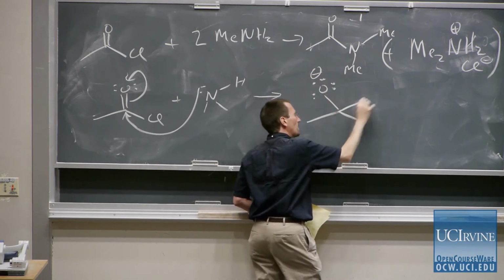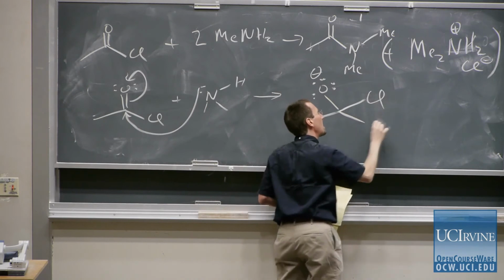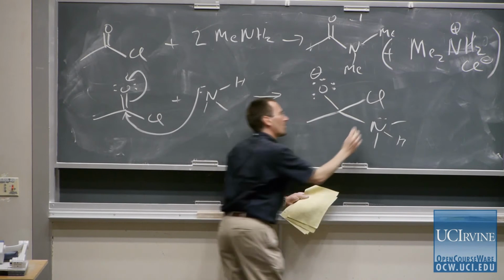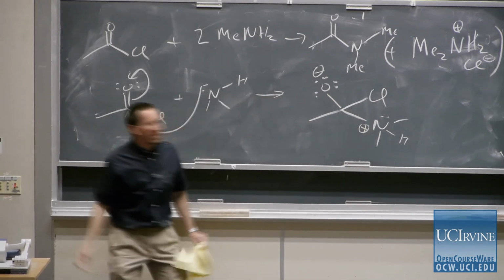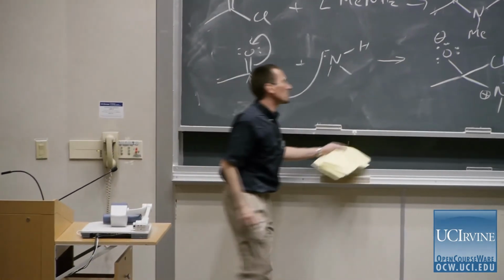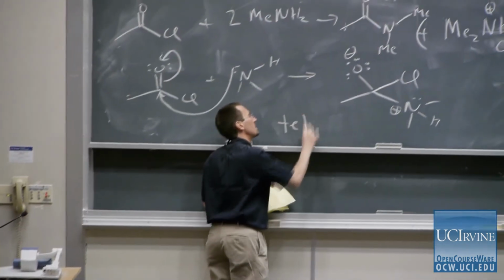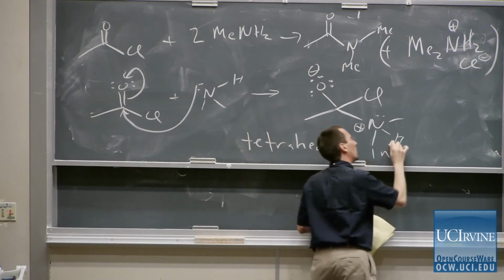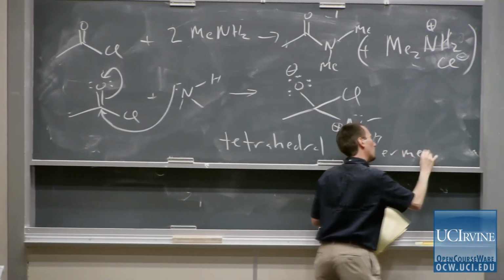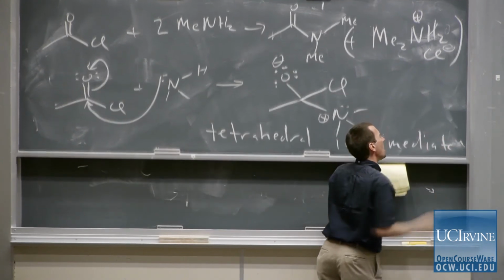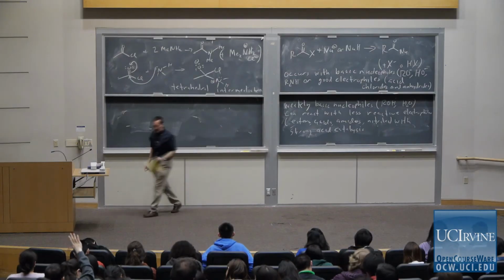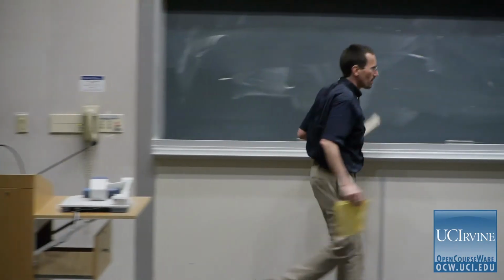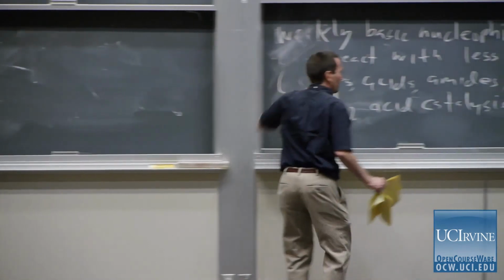So at this point, the big idea is now, just as in imine formation, we formed a tetrahedral species. We formed a tetrahedral intermediate. And this and the next step really become the big idea here, the next part of the reaction.